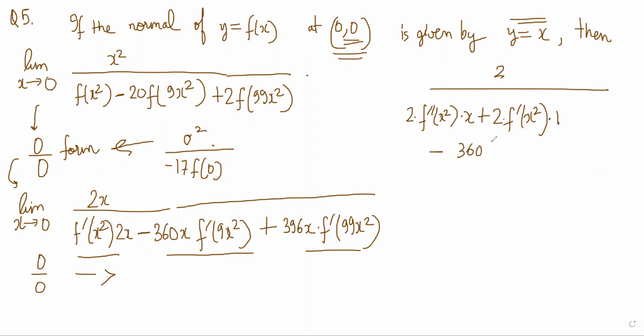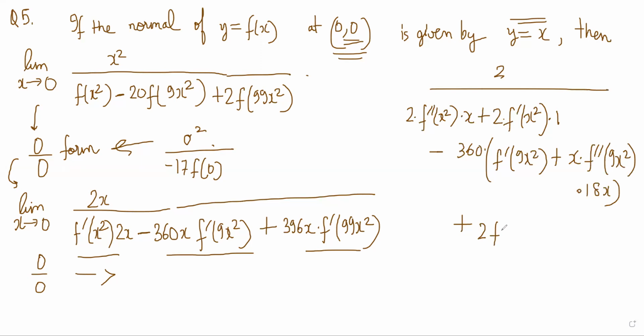Minus 360 into f dash 9x square plus x f double dash 9x square multiplied by 18x plus 2 into f dash 99x square multiplied by 198x.